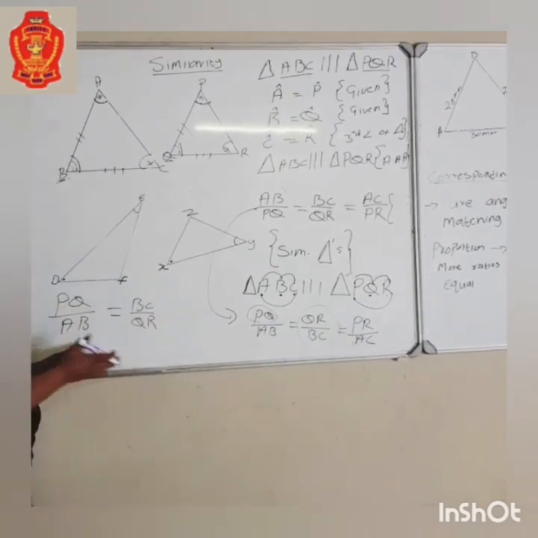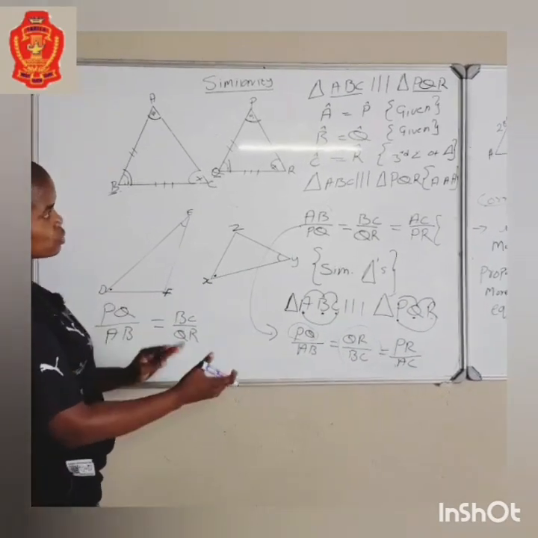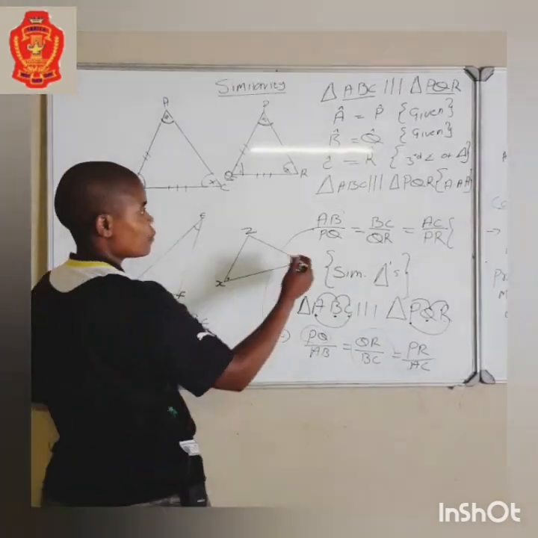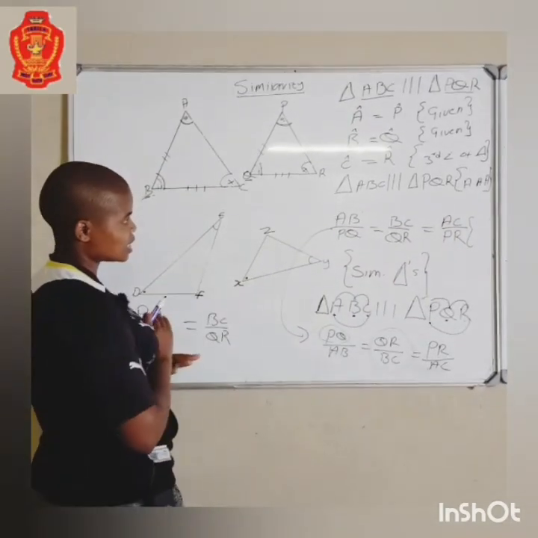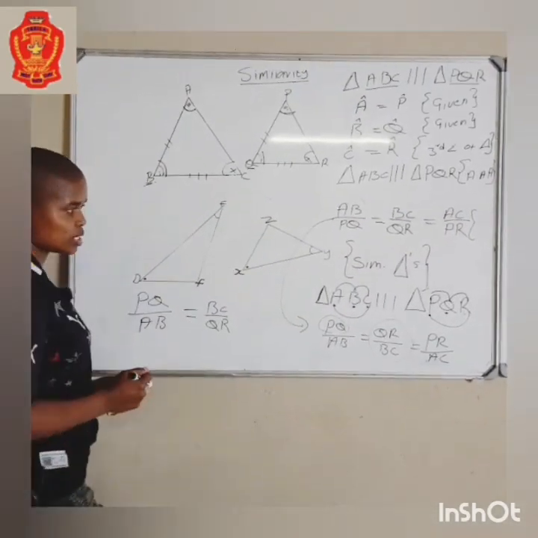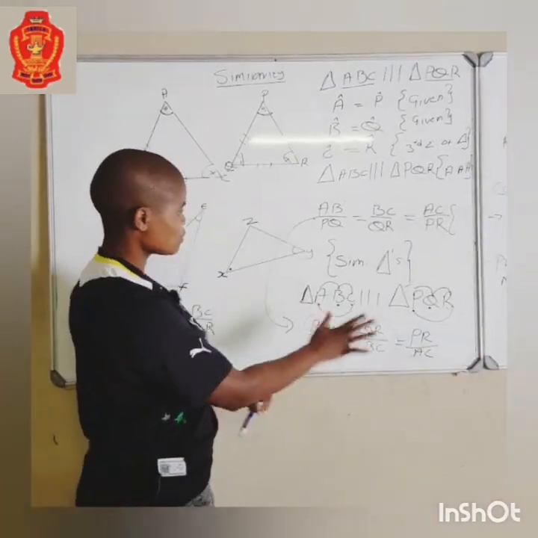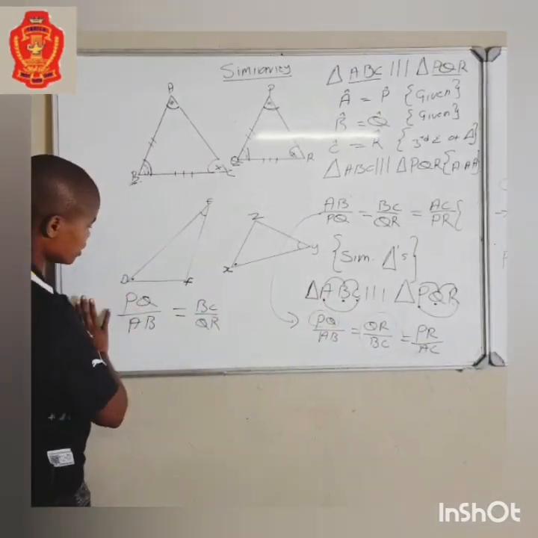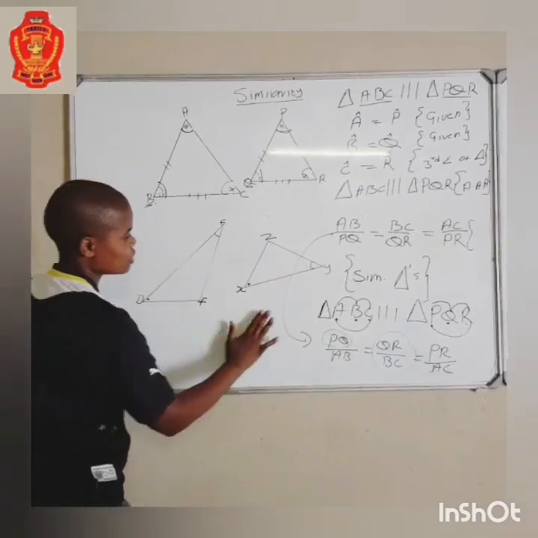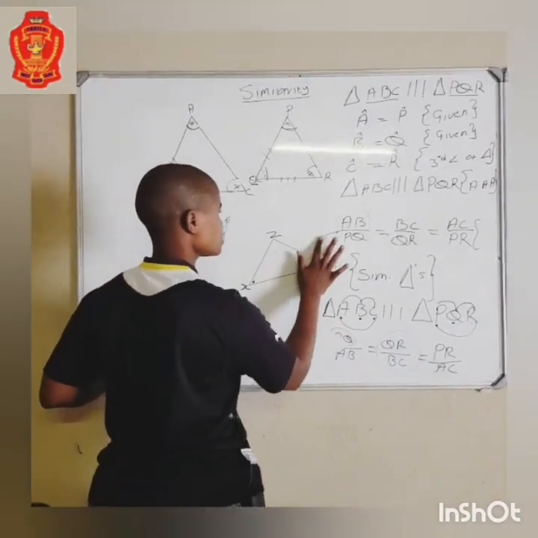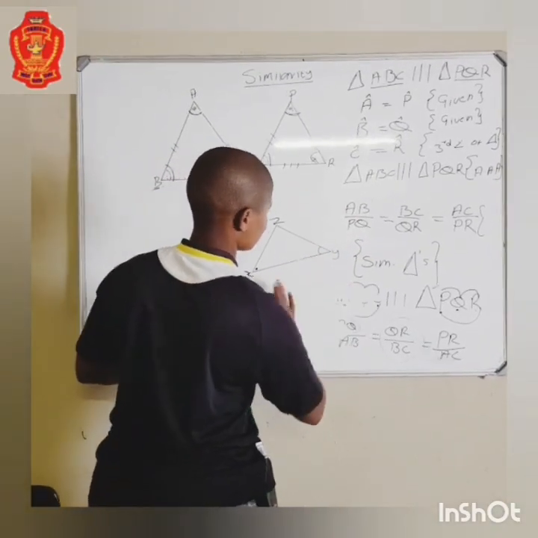Then you have messed up the whole ratio altogether. So when you decide to use the corresponding sides, be consistent. Let the numerators be the numerators and the denominators be the denominators. I hope that makes sense. Okay, because of space, I'm going to have to erase all this so that we can address the two sets of triangles and do another example of proving similarity.